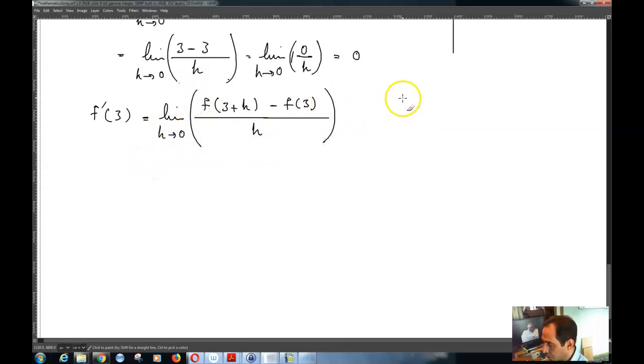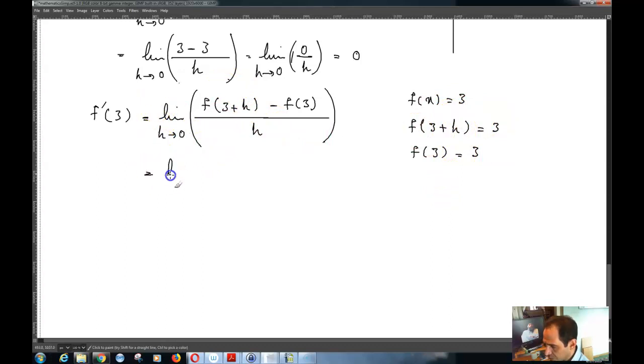Again, the function that we had was f of x is equal to 3. So f of 3 plus h is the same as the function itself, which is equal to 3, because I have no variable here. And f of 3 is again the value of the function, 3. So that doesn't make any difference.